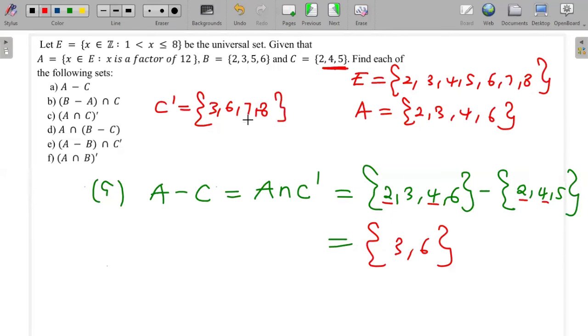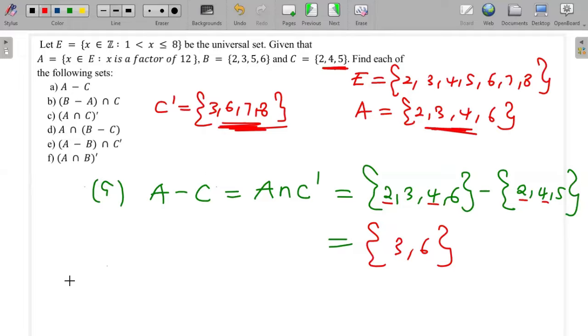This is my C complement. And then this C complement, I intersect with A. What is common between the C complement and A? You can see that it's still 3 and 6. So in mathematics, there are a lot of ways of doing one thing. You can use that approach, or you can use the one that I've just shown you here. So that's the answer there.